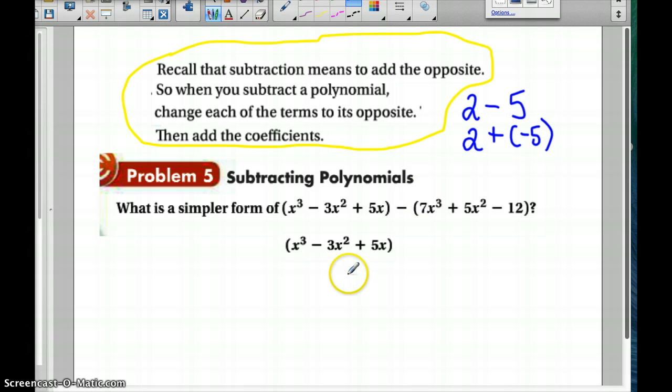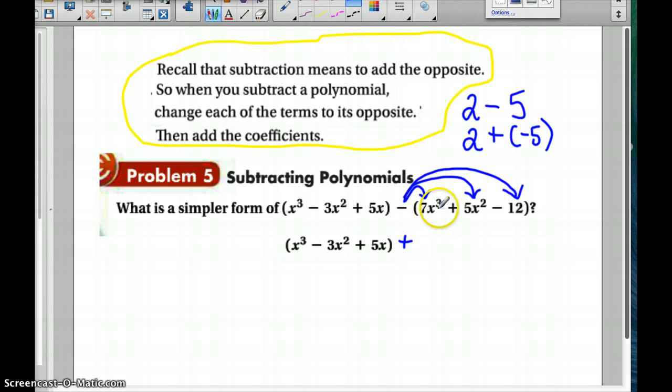So when we subtract, what we really want to do is change each of the terms in the second polynomial to its opposite. It's as if we are distributing the negative sign to each of the terms in the second polynomial. And when we do that, we are adding the opposite.